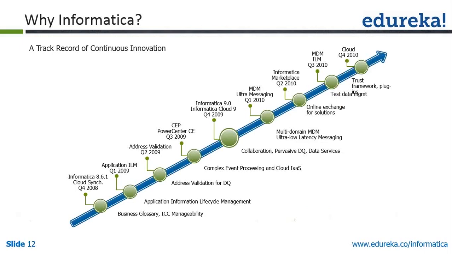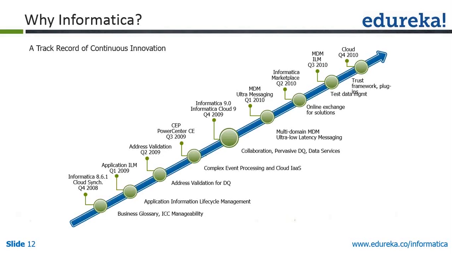Now, this particular figure shows the continuous innovations that Informatica has performed, on a year-by-year basis. In 2008 we have 8.6.1 and Cloud Sync, then Application ILM, and going on.